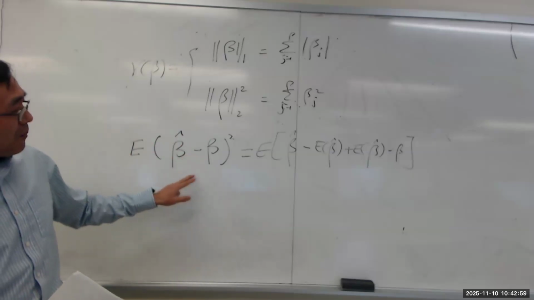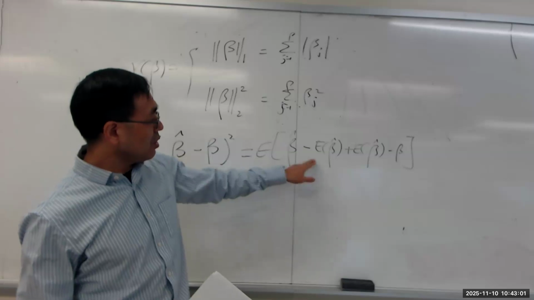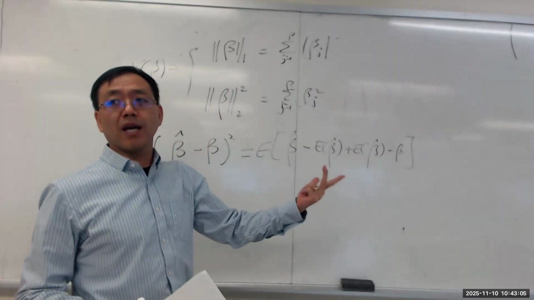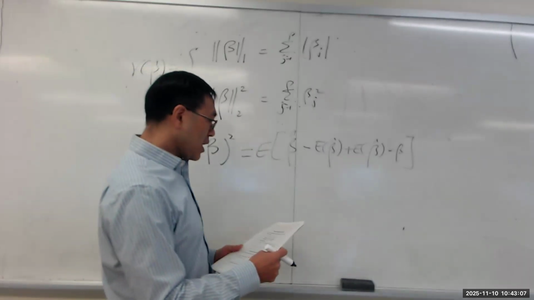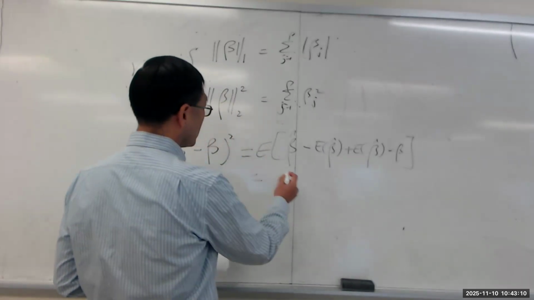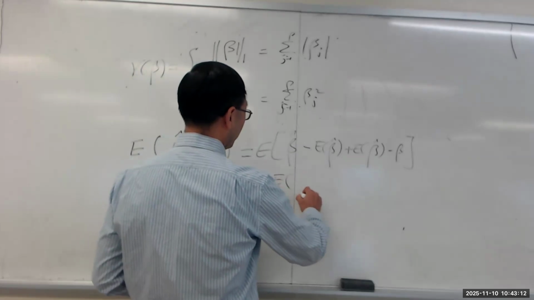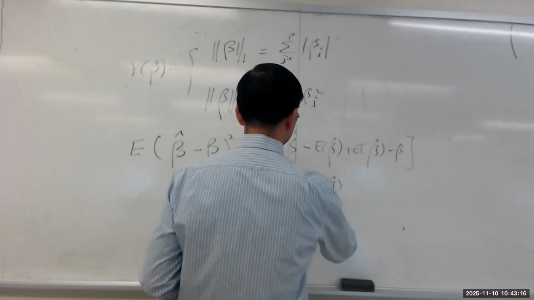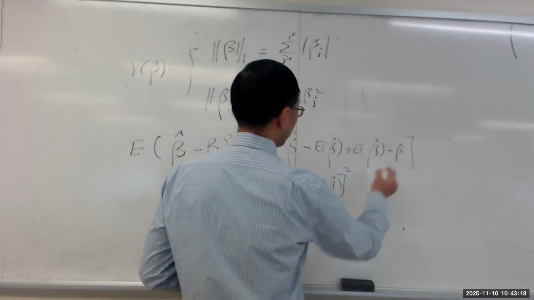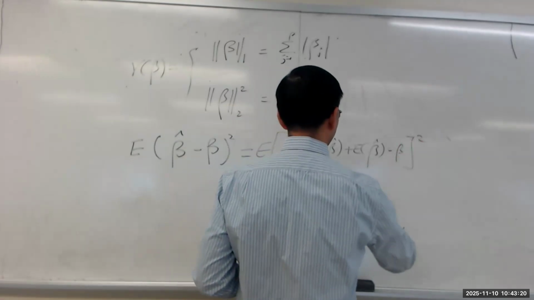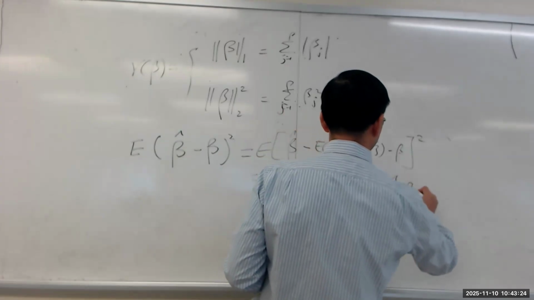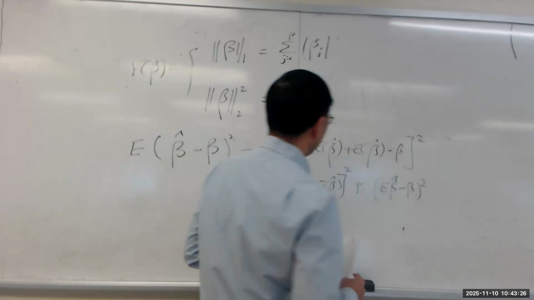Now, for the expected error, I can subtract the expectation of beta hat and add the expectation of beta hat, which doesn't change the value. You can see it becomes the expectation of beta hat minus expectation of beta hat, squared, plus the expectation of beta hat minus beta, squared.